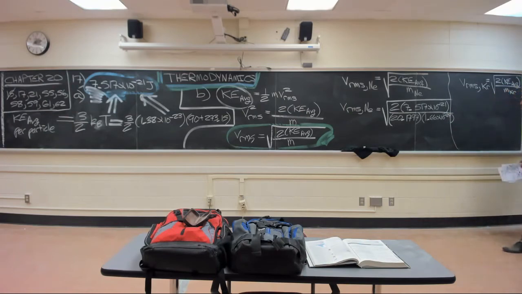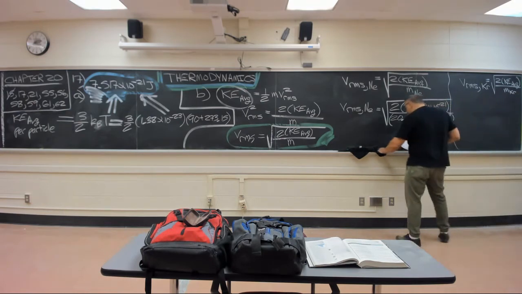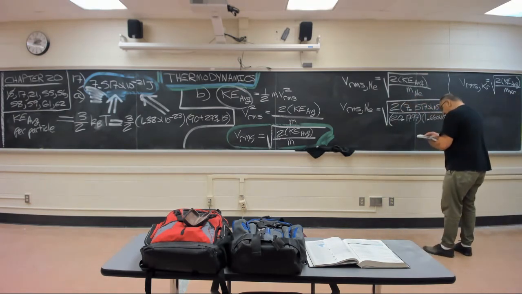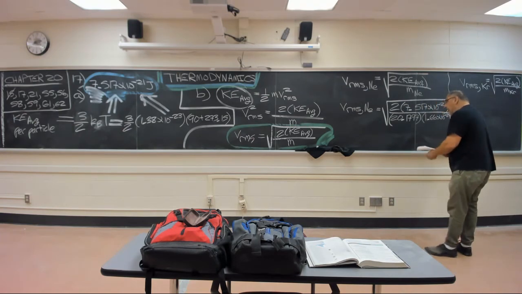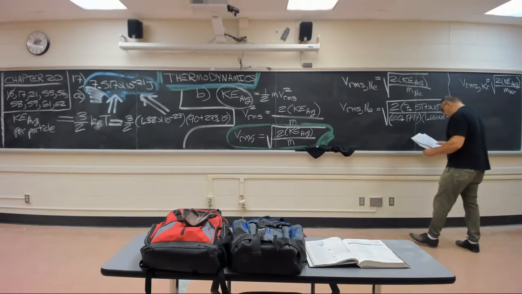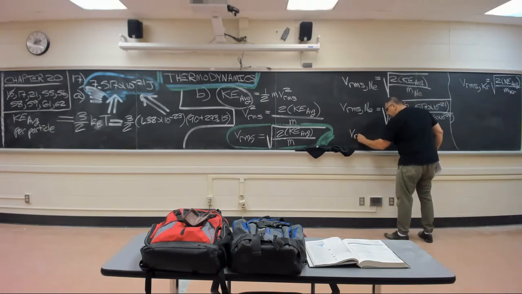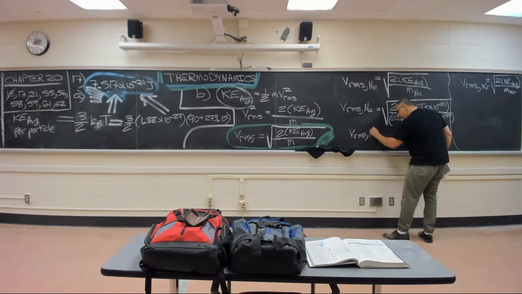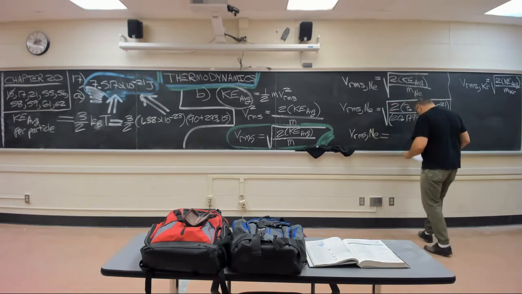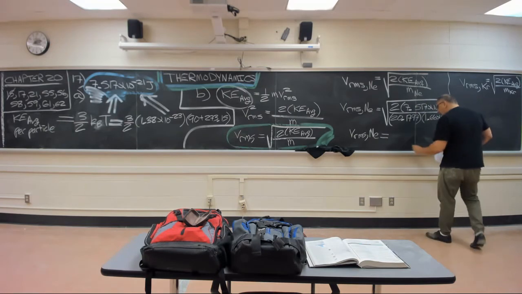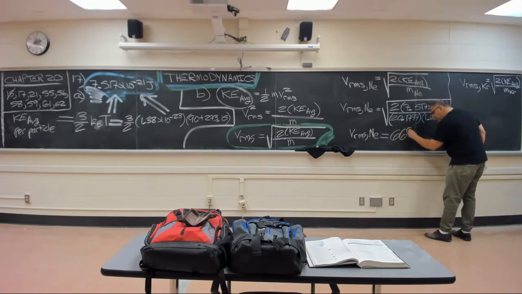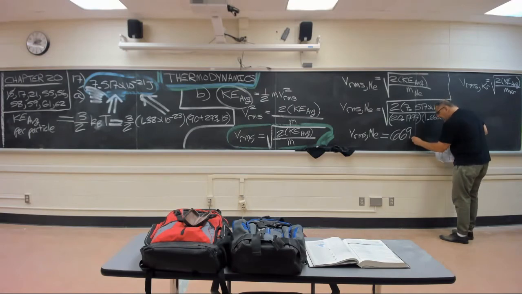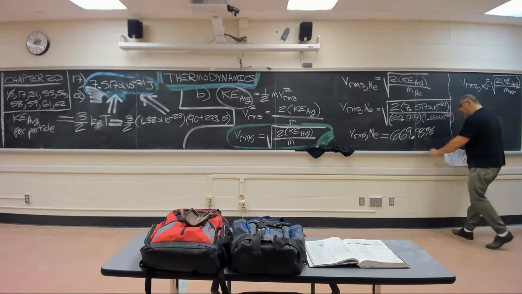And there it is. And this is what you're going to grind out, guys, and see what you get for an answer. Now, neon is not as massive as krypton. So it's going to be probably going at a good speed. VRMS is .93 meters per second.